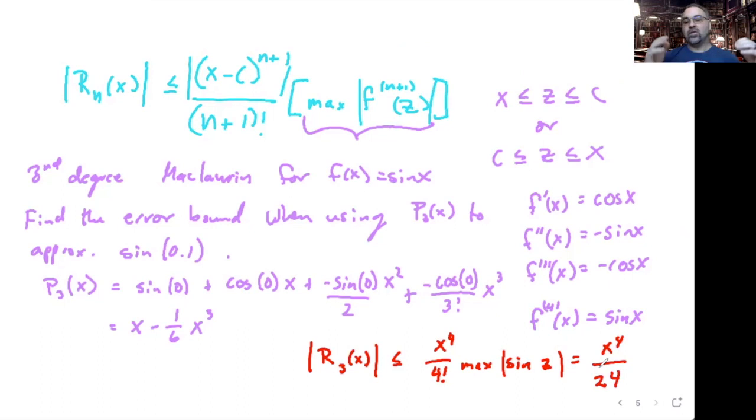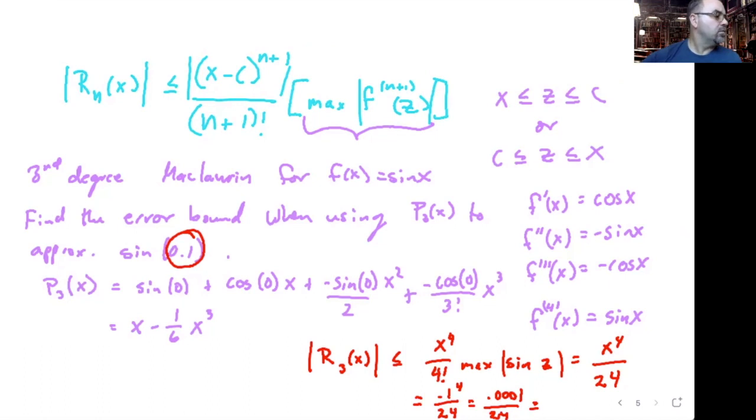Notice I said we're going to use it to approximate sine at 0.1. So 0.1 to the 4th over 24. 0.1 to the 4th is 0.0001, so 0.0001 over 24, which is really small.